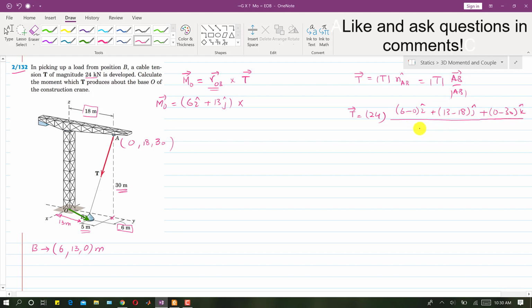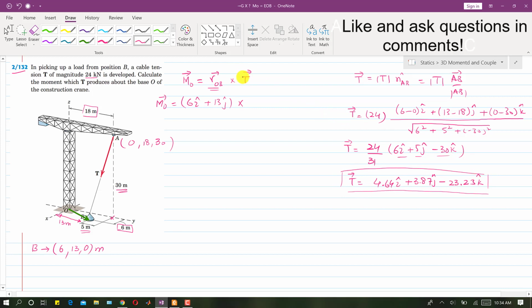This will be the square root of 6 squared plus 13 minus 18, that is minus 5, squared plus minus 30 squared. When I solve this, the magnitude comes out to be 31, and this is 24. So 24 divided by 31, multiplied with all these components, gives the T vector in terms of i, j and k. So this is the T vector which we have found here.